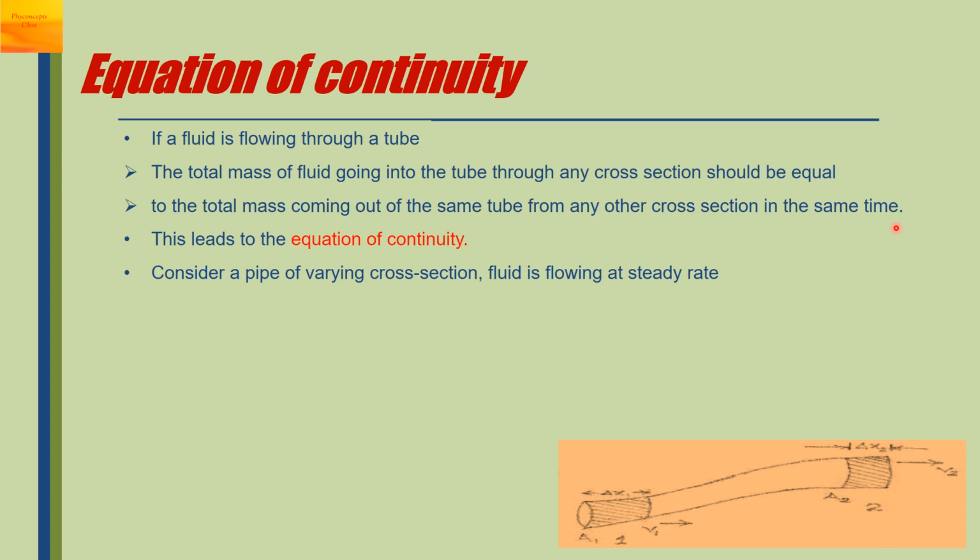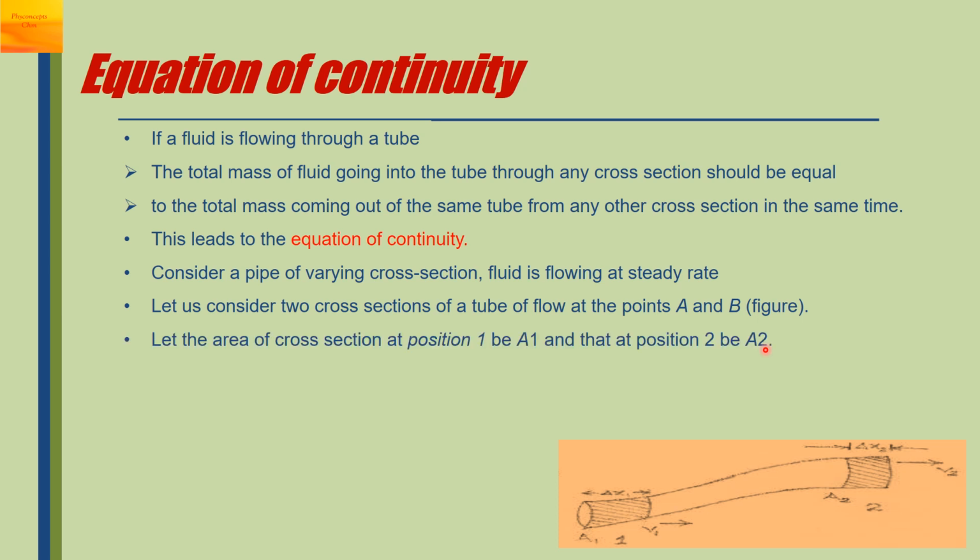We will consider two cross sections of the tube. So the area of cross section at position 1 we will denote as A1, and at position 2 we will denote as A2. At position 1 the average speed of the fluid will be V1, area of cross section as we have denoted is A1.